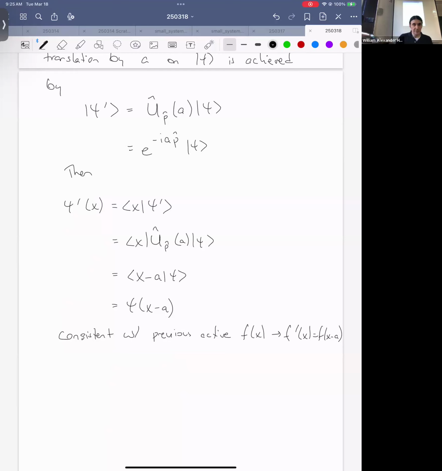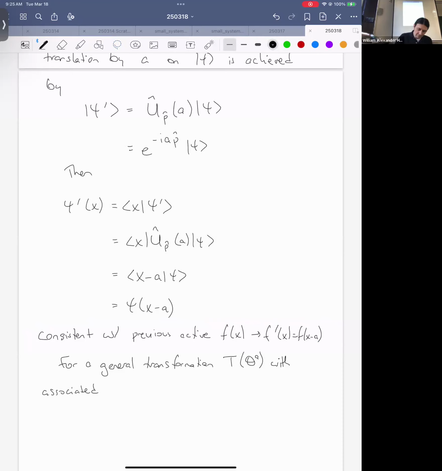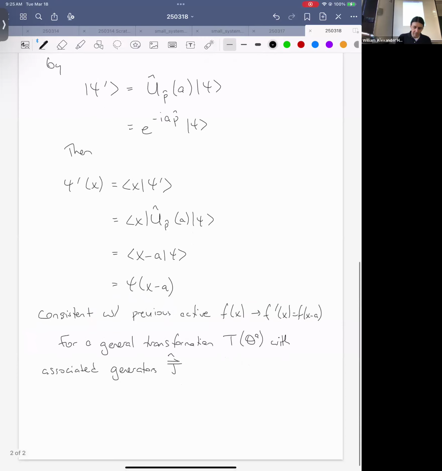Okay, great. And for a general transformation, some transformation depending on some parameters with associated generators, J vector hat.